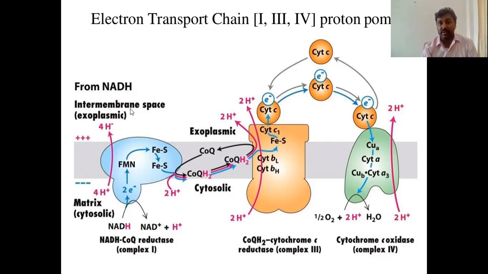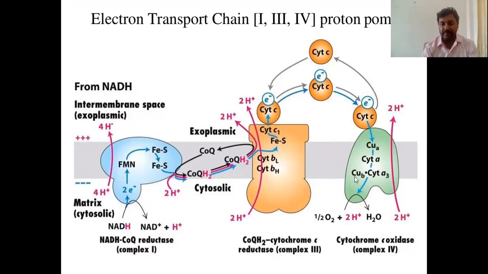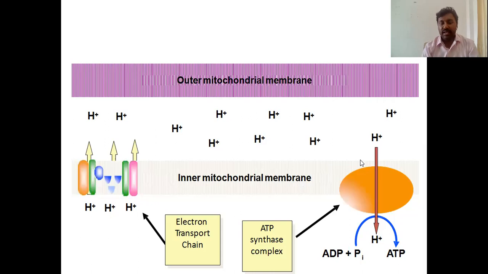This is the matrix. This is cytosol. This is complex 1, complex 3, and complex 4, and how they are involved structurally. Finally, when the H plus ions are pumped, ADP is converted into ATP. This is the ATP synthase complex.